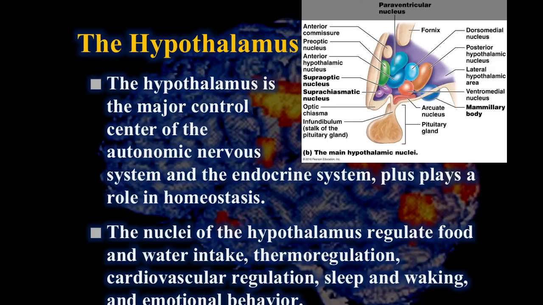So the part of your body that says 98.6 degrees is what I want my temperature at, and what tells the rest of your body what to do to make it 98.6 degrees is your hypothalamus. So this portion of the brain is saying 98.6.